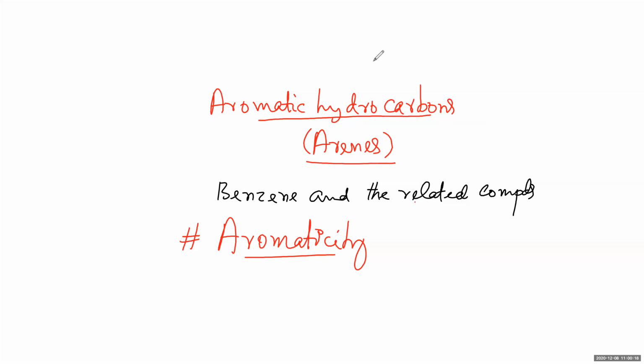Because the compounds studied under this heading originally had a sweet smell, an agreeable smell, they were known as aromatic compounds. That means the compounds which have aroma, that is sweet smell, pleasant smell. So, for example, benzene has a sweet smell.